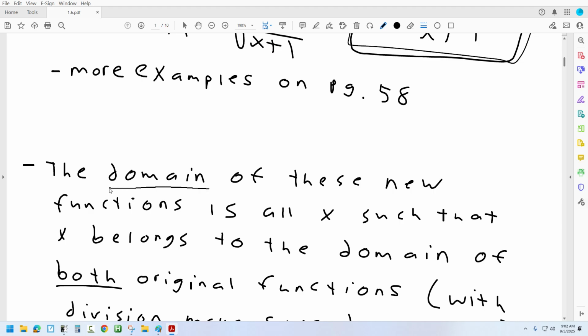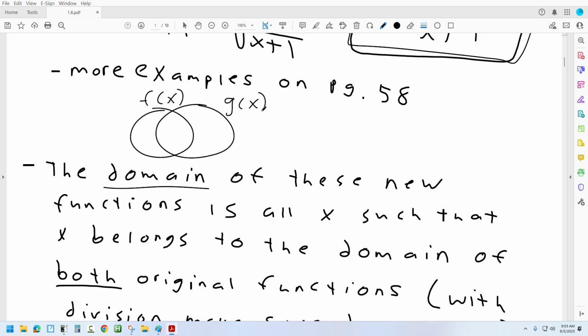All right. When you combine 2 functions together, how do you figure out the domain of the new thing that you created? Well, I kind of think of it like a Venn diagram. Let's say that represents the domain of everything in your first function. And then let's say that represents the domain of everything in your second function.